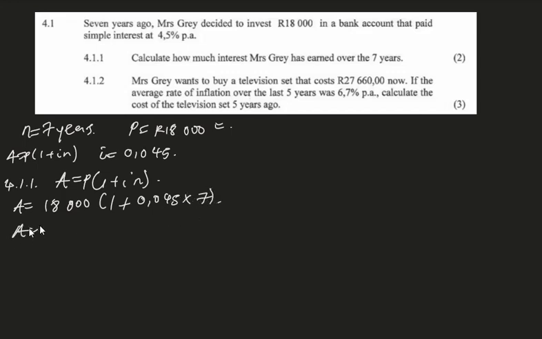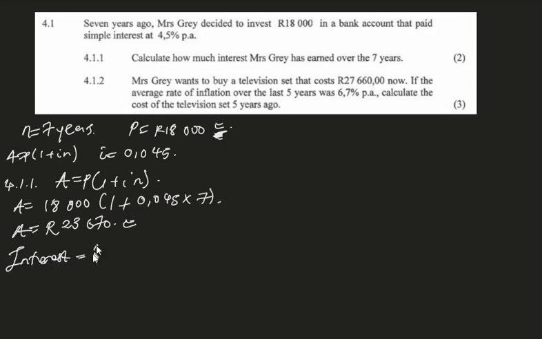So now, the accumulated amount. Let me quickly do this on my calculator. I have 1 plus 0.045 multiplied by 7. I hope I didn't make any errors. It says I have 23,670. Now with this money, it gained some interest from the initial investment, so I need to find out that interest.